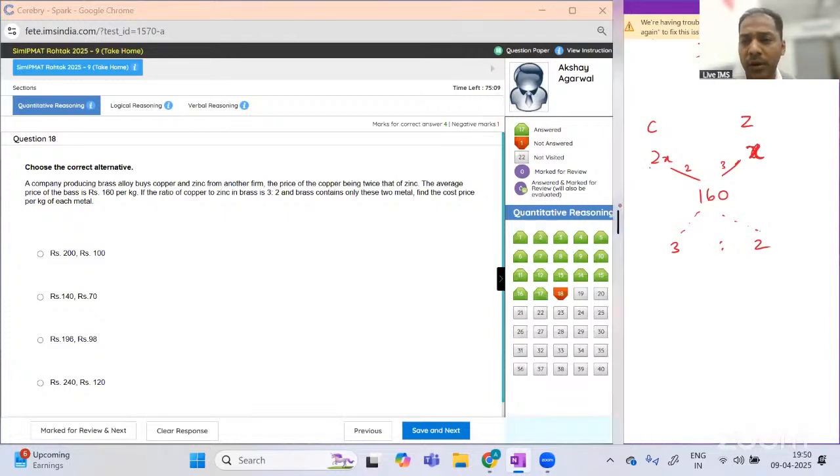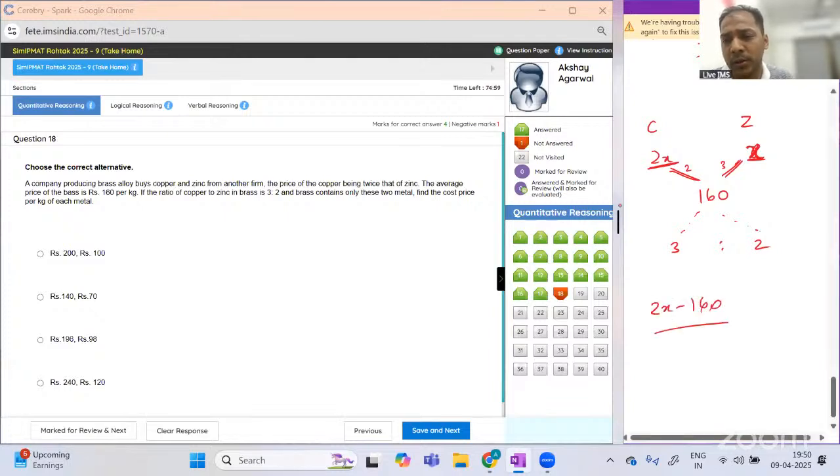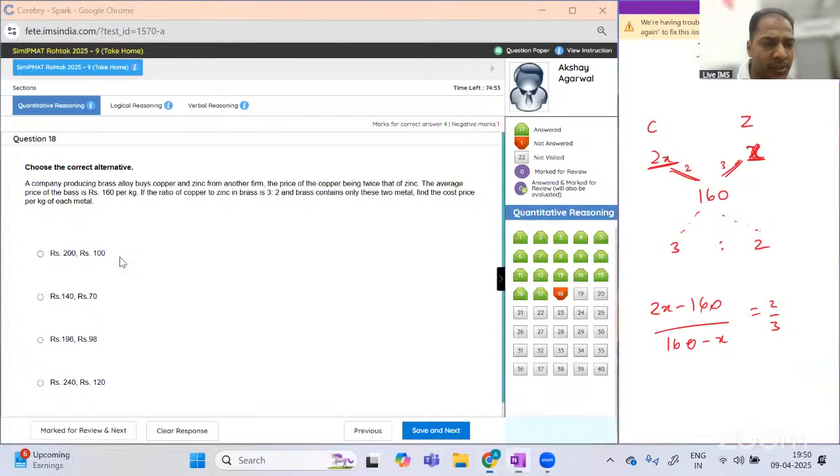Basically I want copper and zinc prices to be in the ratio 2:1, and their distance from 160 should be in the ratio 2:3. One thing I can do is write 2x minus 160 upon 160 minus x is 2 upon 3. I can solve this, or I could have simply used the options. I can see 200 and 100 satisfies this completely. 200 is 40 away, 100 is 60 away, a 2:3 ratio.